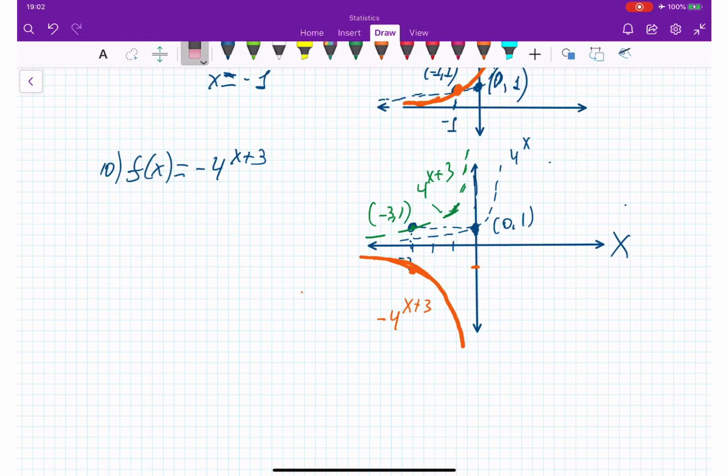Okay, next we need to find the domain, which is clear. There is no interruption: negative infinity to positive infinity. And the range is going to go from where? Since the graph is approaching 0, our x-axis is going to stay.